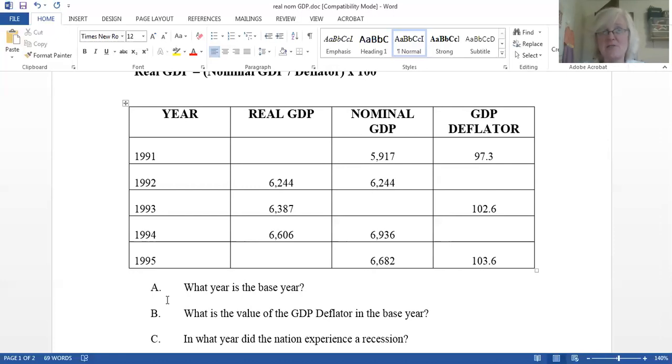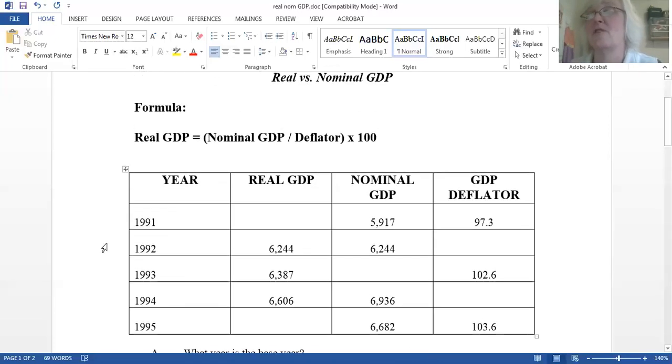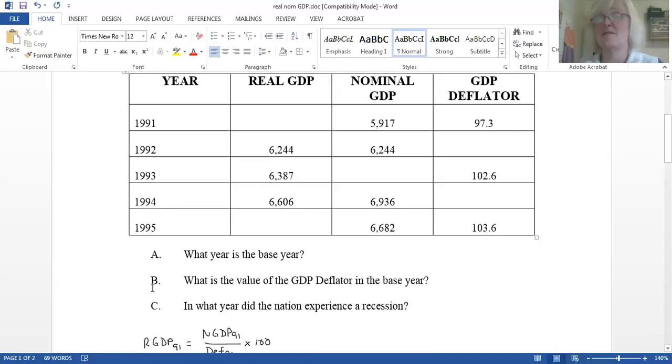Well, one of the characteristics of a base year, how you know it is the base year, is that both the nominal GDP and the real GDP are the same. If you look at this equation, let me go to B here.